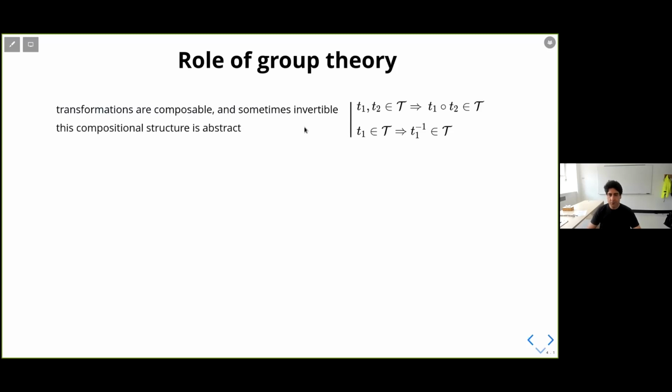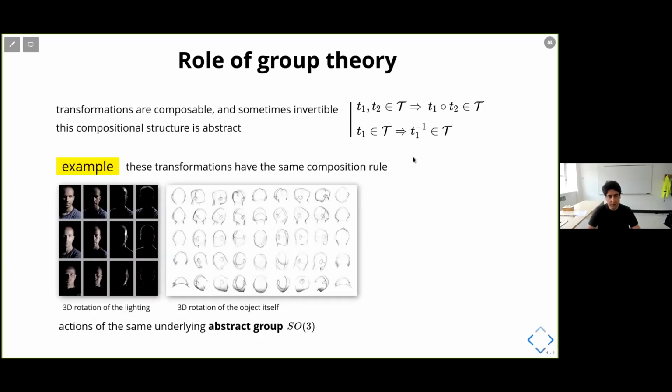The reason that group theory comes in is that the transformations we're looking at form a set, they compose with each other, and they're usually invertible. Their compositional structure forms a group, which is abstract. To understand this distinction between the actual transformation and its compositional structure, look at this example. In one case we have an object and we're changing the lighting of the object by using 3D rotations of the lighting.